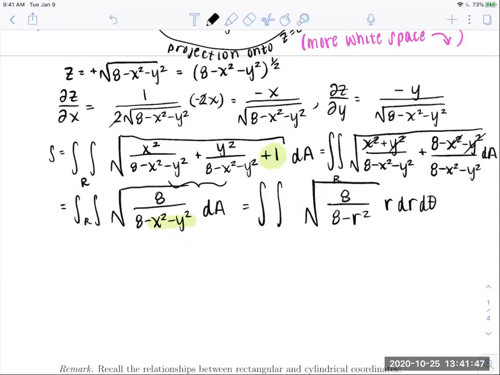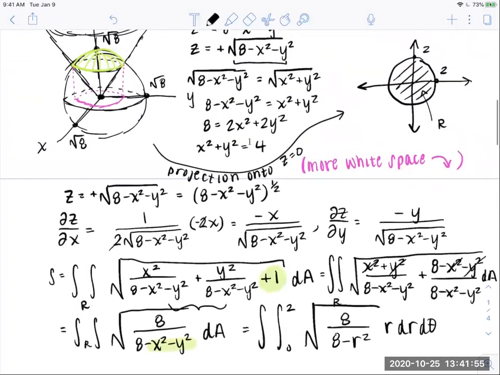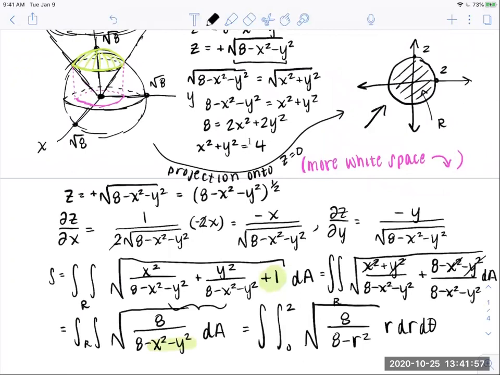And now let's talk about our limits of integration. Our radius is ranging from 0 to 2. Remember that 2 is coming from this projection diagram right here, where our intersection circle had a radius of 2.